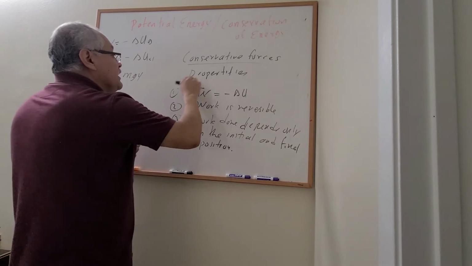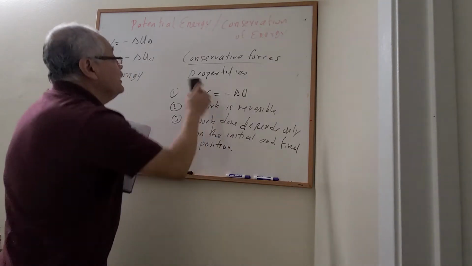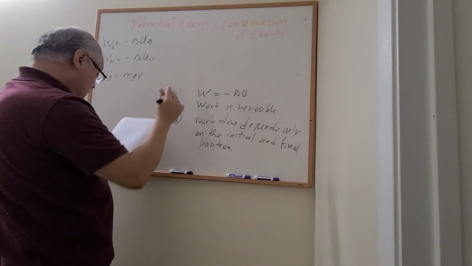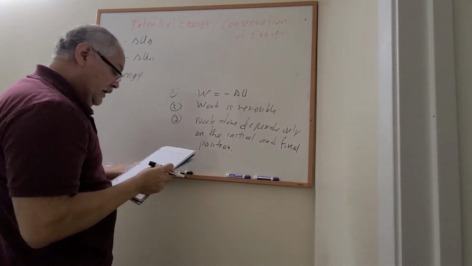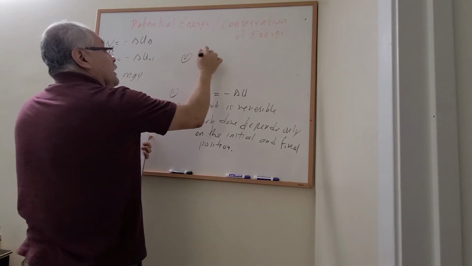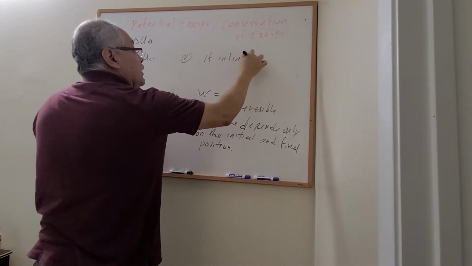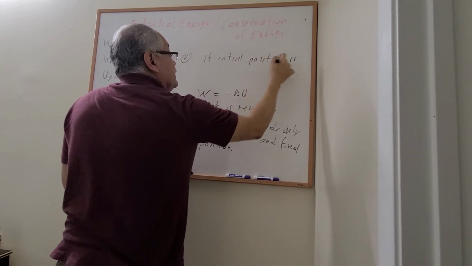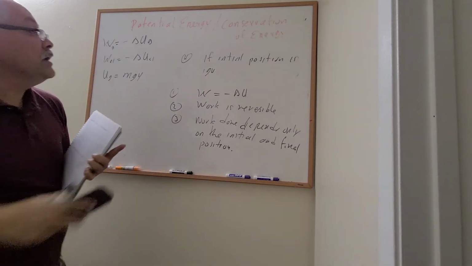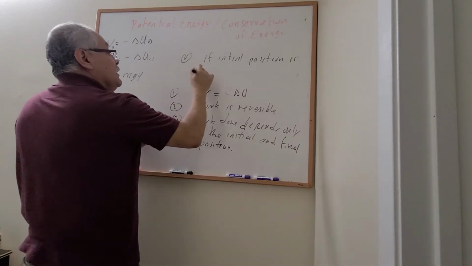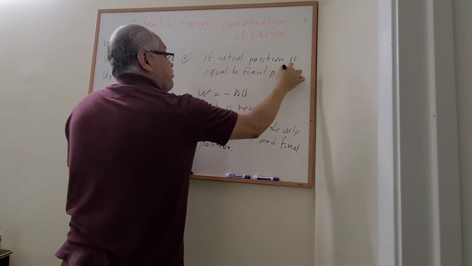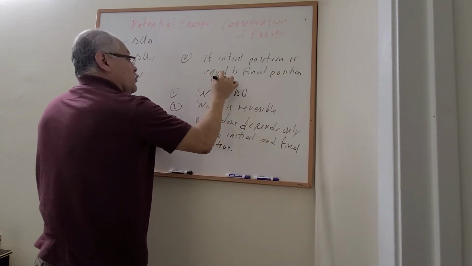Number four, it says that the work done in a circular path is going to be zero. If the initial position is the same as the final position, the work equals zero.